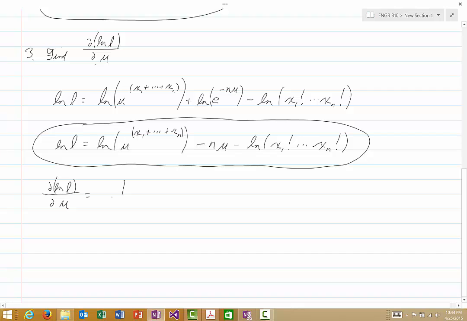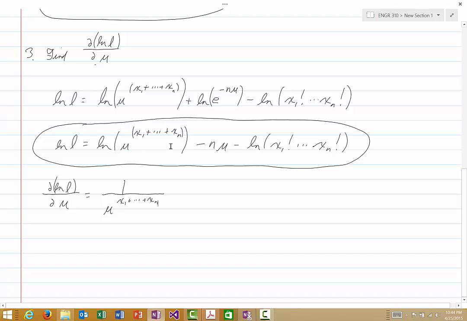So we'll get 1 over mu to the x1 plus dot dot dot plus xn. That's 1 over u. And now we have to differentiate this with respect to mu.